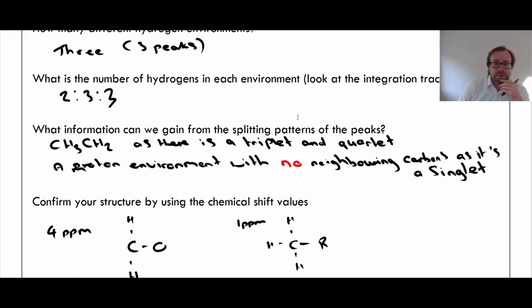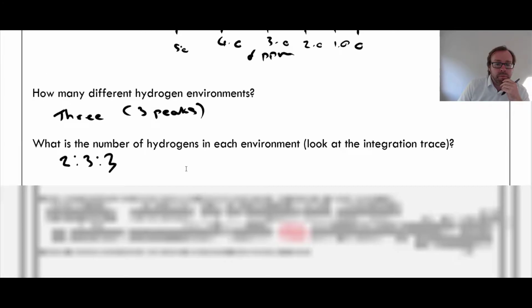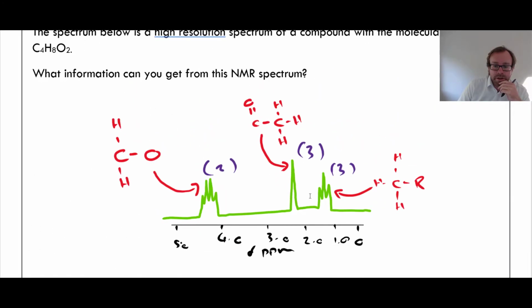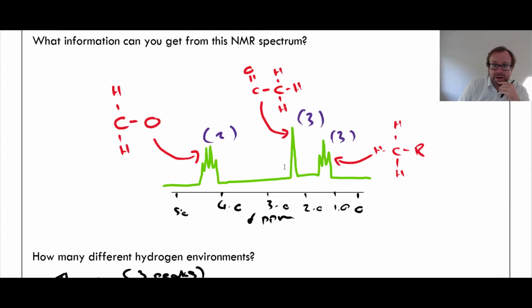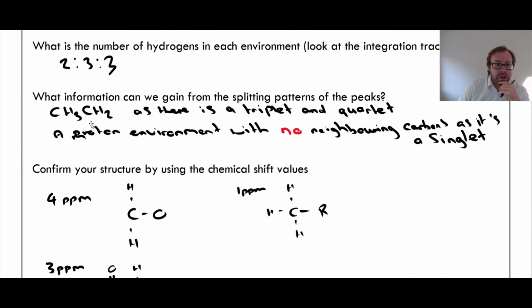What information can we gain from the splitting patterns of the peaks? Well, we know there's a triplet and a quartet, so that probably means there's a CH3 and CH2 in there somewhere, and we also have a singlet as well, so that means we must have a proton environment with no neighbouring carbons, as it's a singlet, it hasn't split.